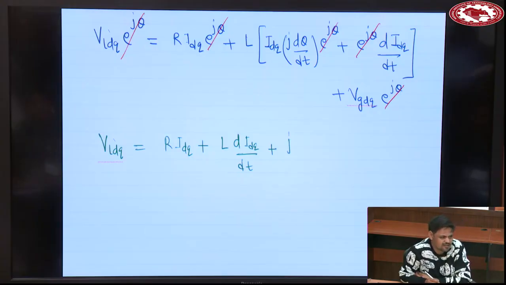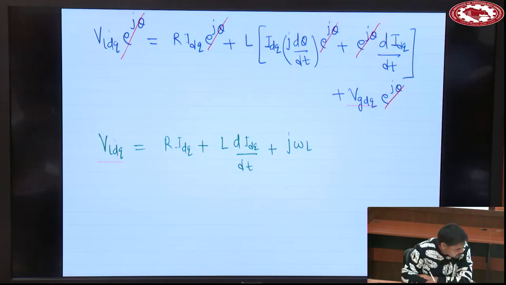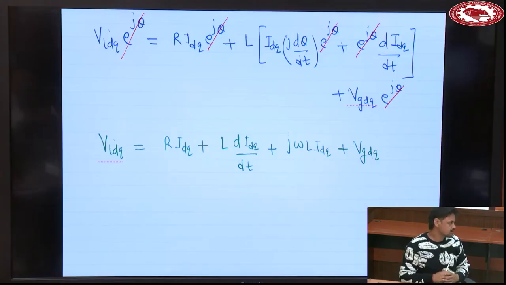It is the synchronous reference frame, so theta is equal to omega t. So d theta by dt is simply omega. So it becomes j omega L I dq plus Vg dq. Correct?